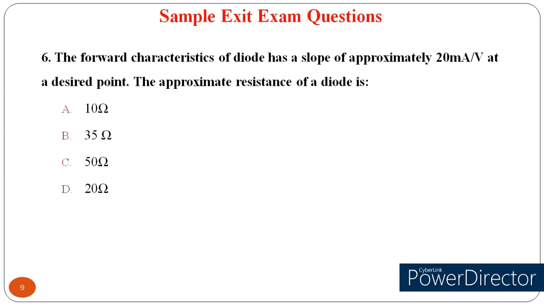So the approximate resistance of a diode is 1 over 20 milliampere per volt. The result is 50 ohm. Therefore the answer for this question is C, that is 50 ohm.